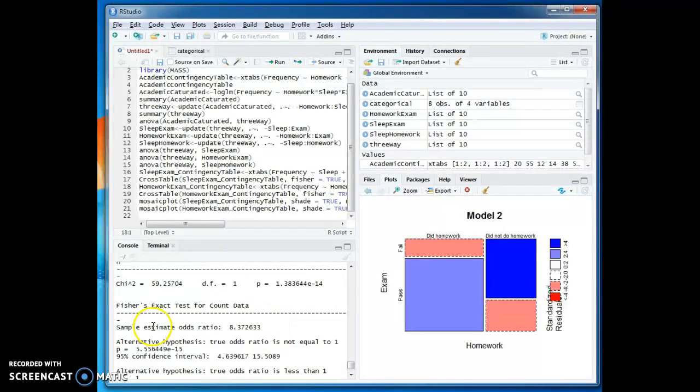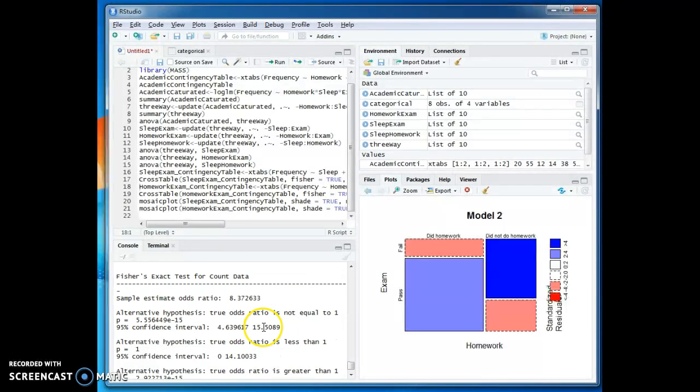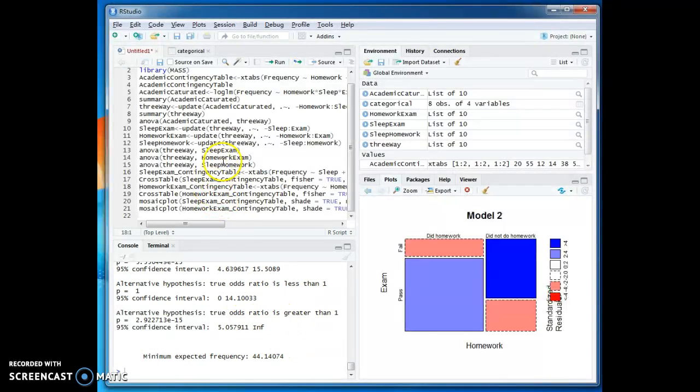And the sample estimate odds ratio is 8 times higher, which we can use in our conclusion. For the second model, we create the contingency table for homework and exam.